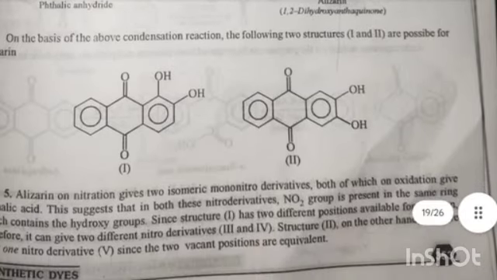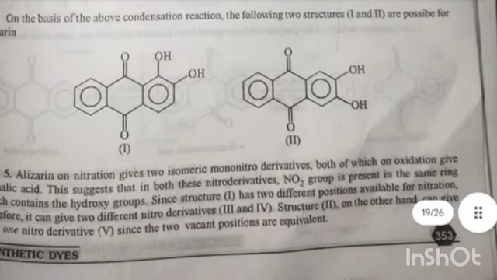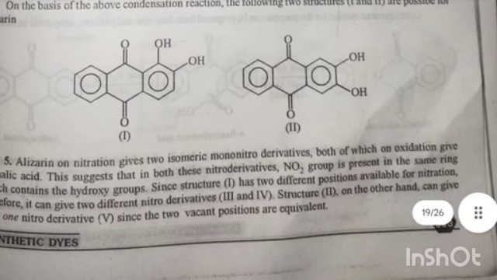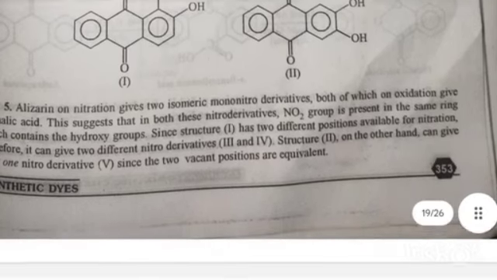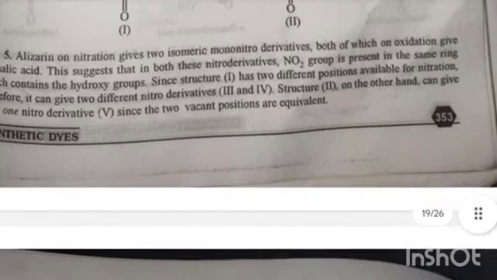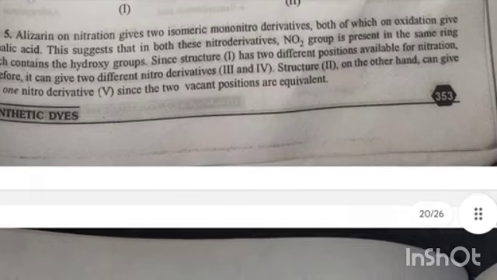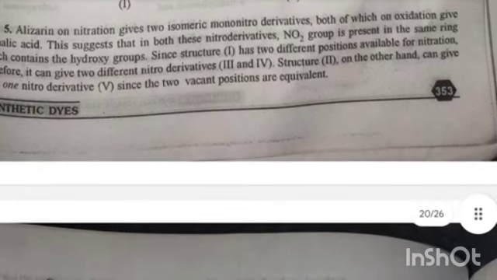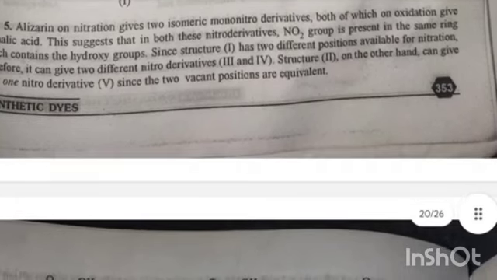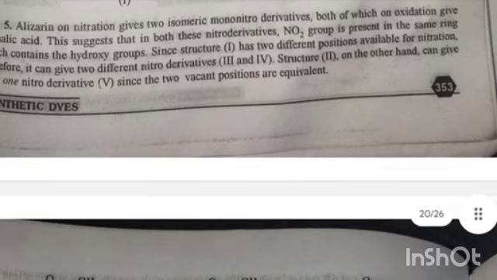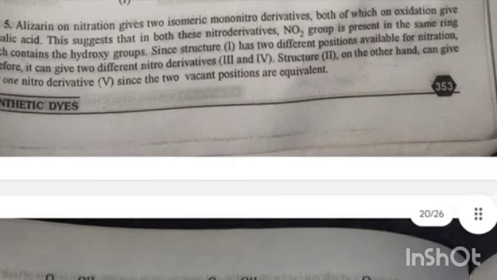On the basis of the above condensation reactions, the following two structures are possible for alizarin, structure 1 and structure 2. Alizarin on nitration gives two isomeric mononitro derivatives, both of which on oxidation give phthalic acid. This suggests that in both these nitro derivatives the NO2 group is present in the same ring which contains the hydroxy groups. Structure 1 has two different positions available for nitration.